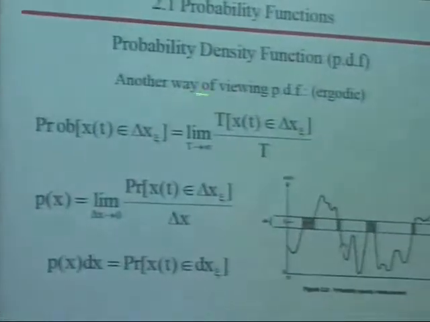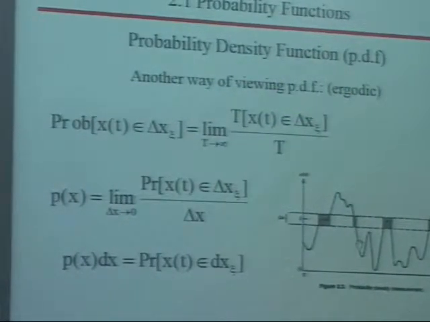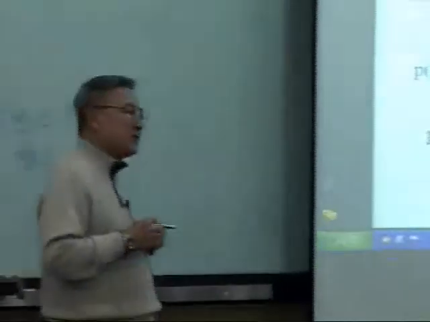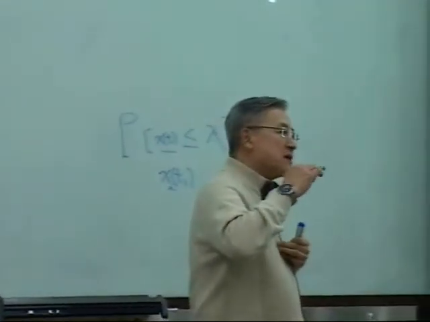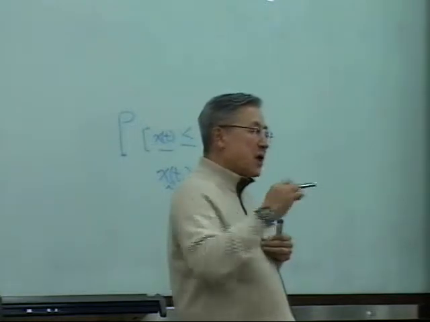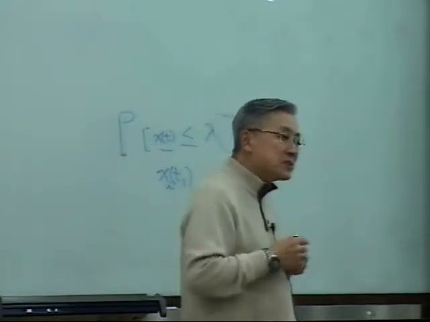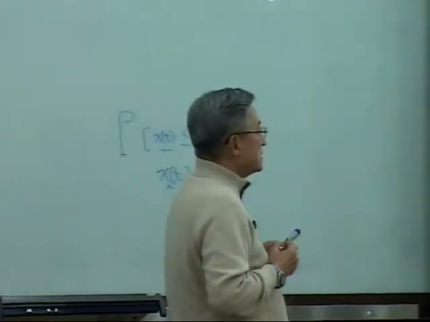And this is showing another view for the ergodic process. For an ergodic process, you don't have to deal with the random process at time t1, because one sample record represents the whole ensemble of the process.